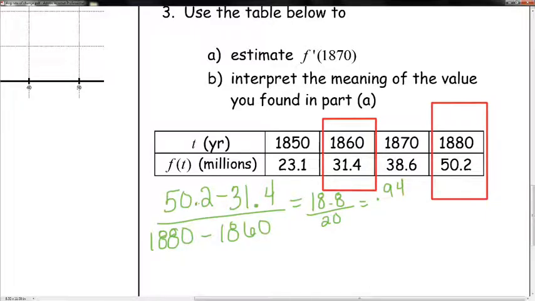So what we're talking about is 0.94 million per year.